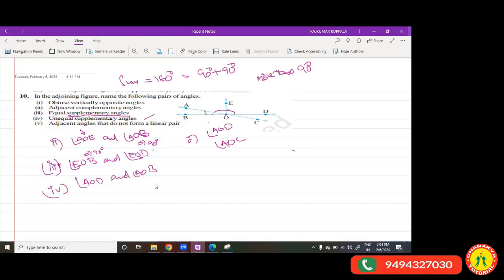Okay, fifth one. Adjacent angles that do not form a linear pair. What is the meaning of linear pair? Linear pair means sum 180 and they should be adjacent. Right?